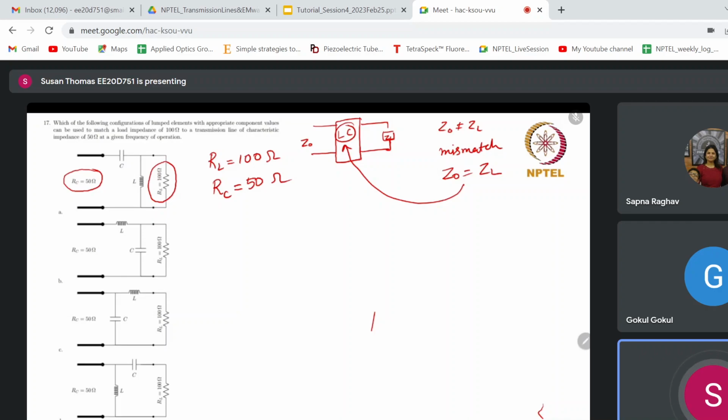To do that, let me give you some tips. There is a possibility to add a series capacitance or a parallel capacitor. There is also a possibility to add a series inductor or a parallel inductor. Okay.